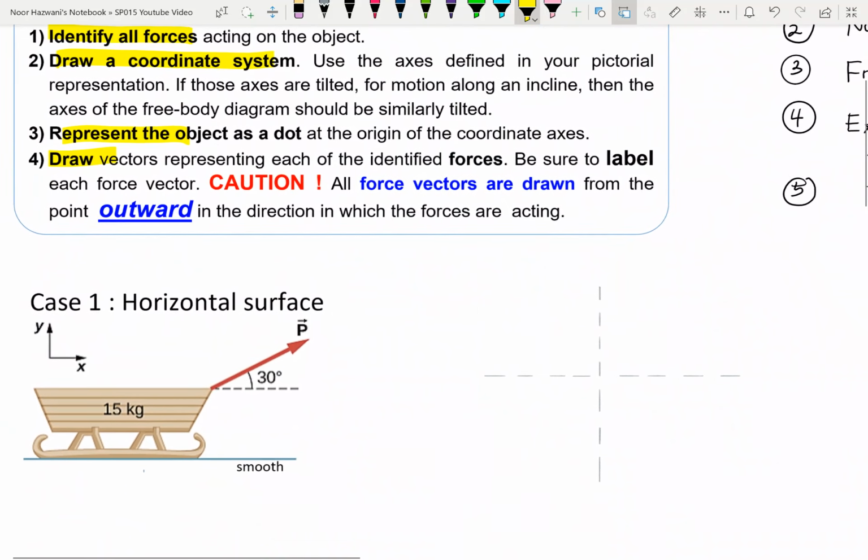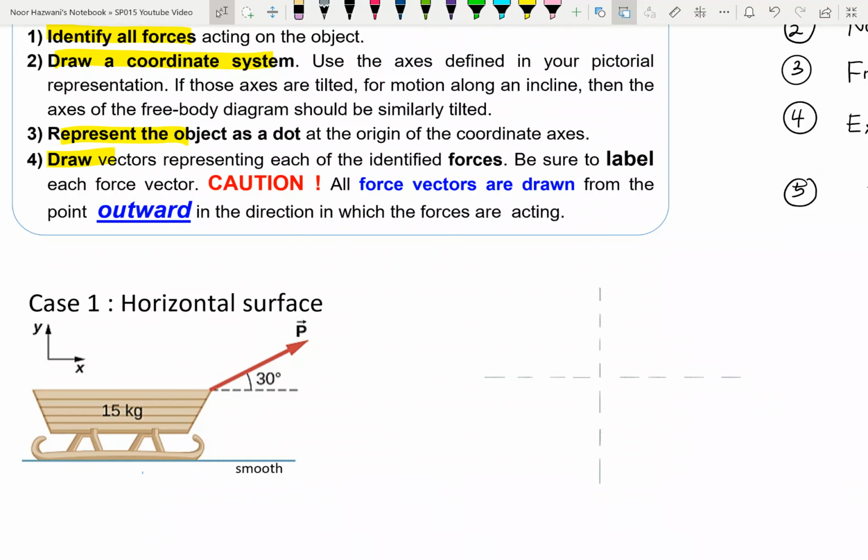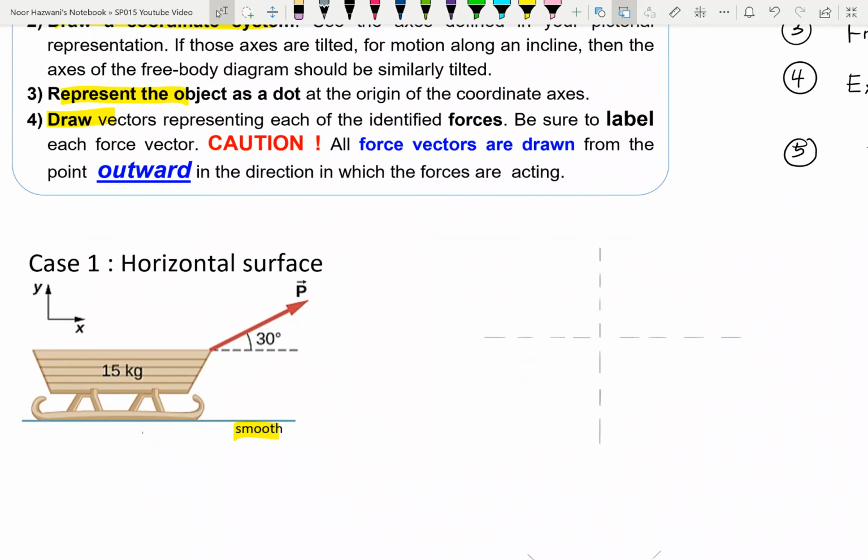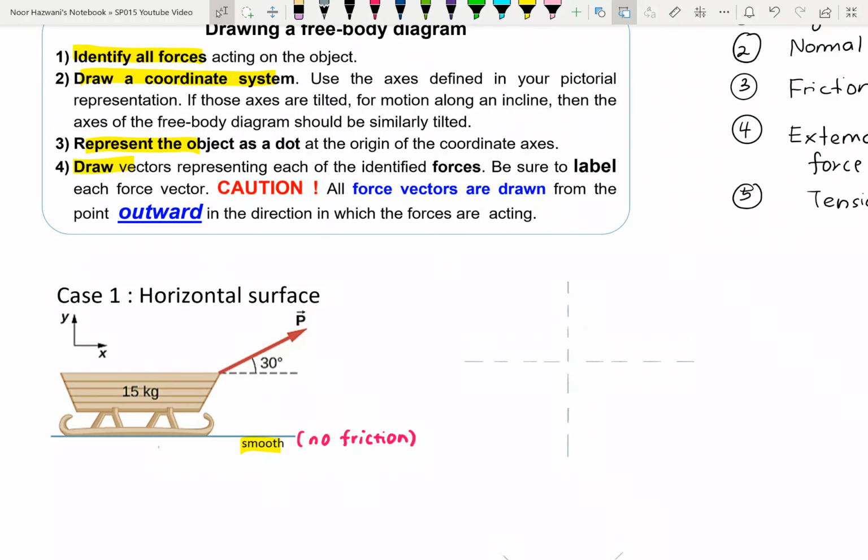Case number 1, we have an object that we place on a smooth, okay, smooth horizontal surface. So bila dia mention smooth, means you have to think, oh, smooth means no friction. Okay, so step number 1 tadi dia kata kita kena identify all the forces.